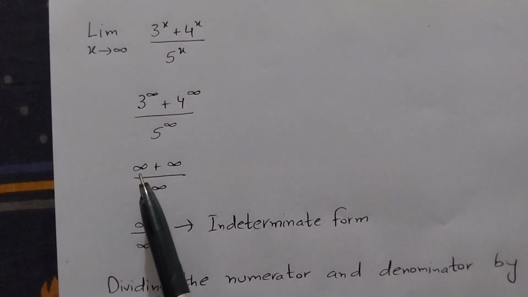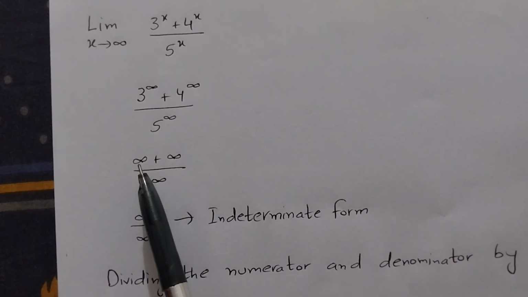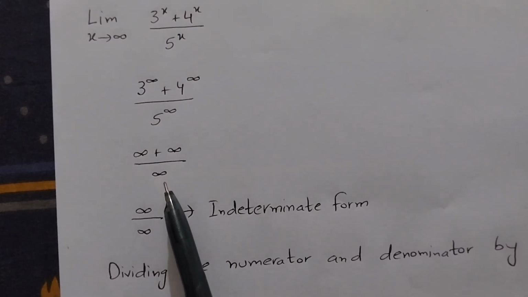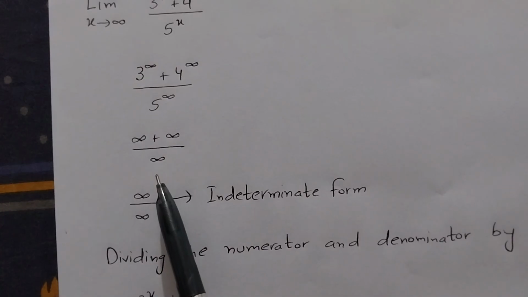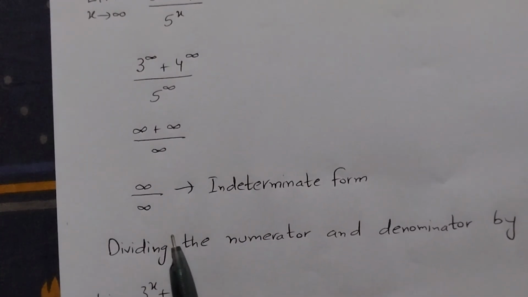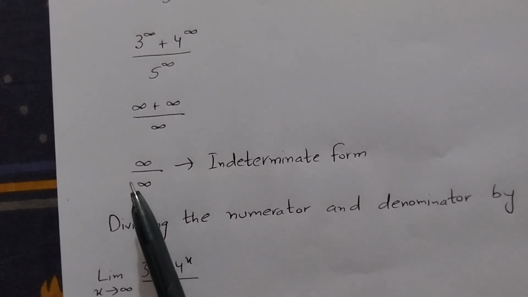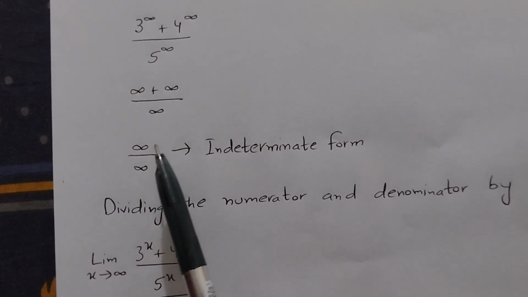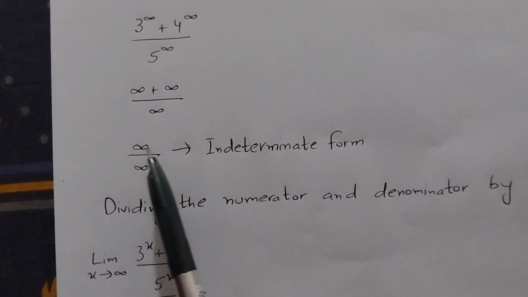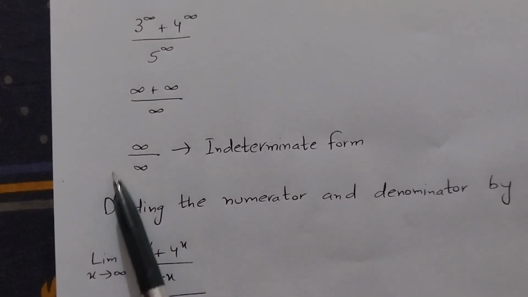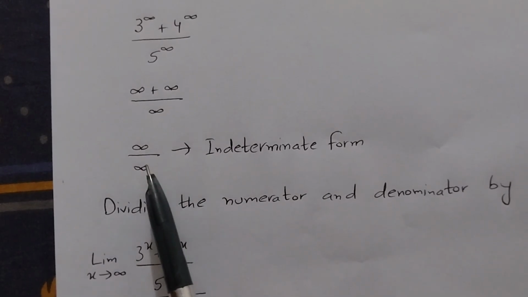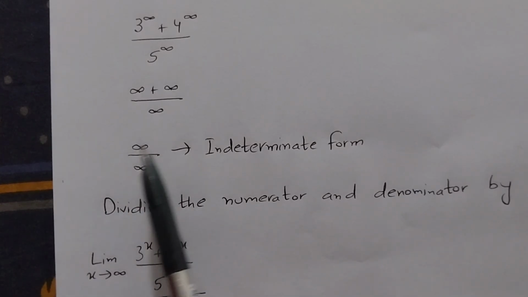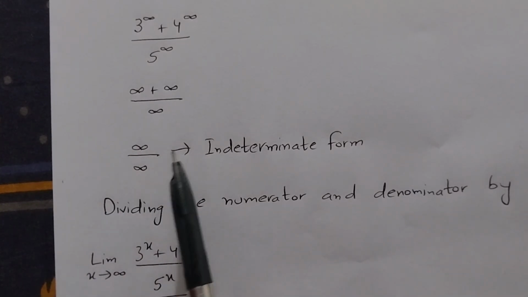So in the numerator we get two large numbers and their sum, which is another large number, over infinity, a large number. So we can't really tell what this value is. This is an indeterminate form, and this is not the value of this limit.